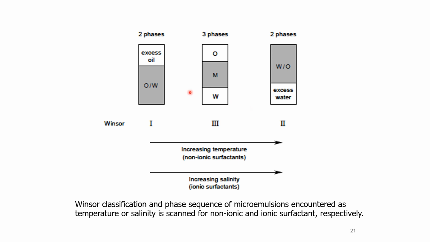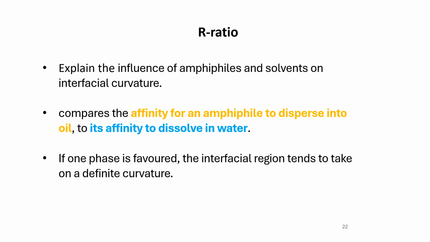Therefore, it will transit the phase from oil-in-water to water-in-oil type microemulsions. And similarly, it will go through this phase before achieving the water-in-oil microemulsion system, which is the type 3 microemulsion.